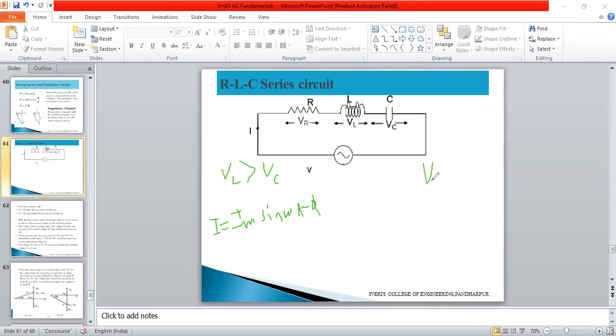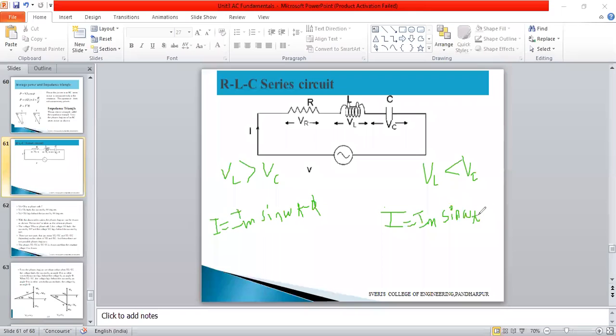For VL less than VC, the current equation will become i equal to Im sin(omega t plus phi). Yes.